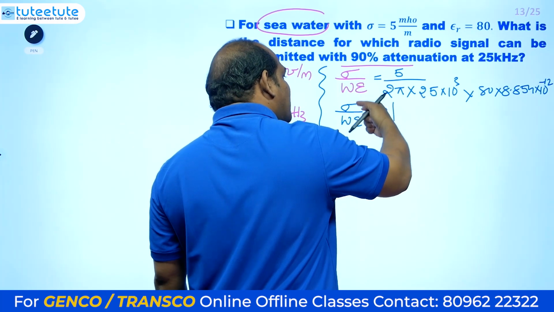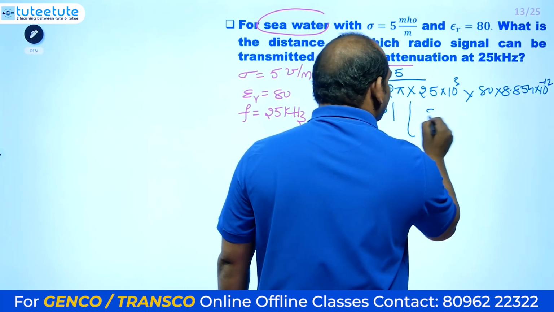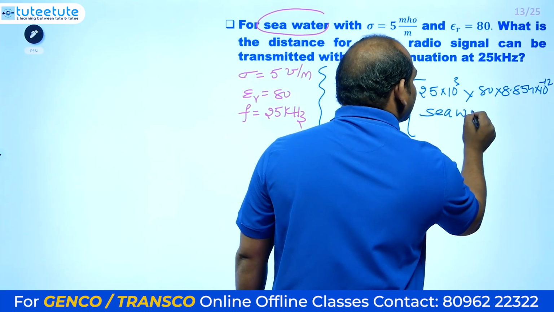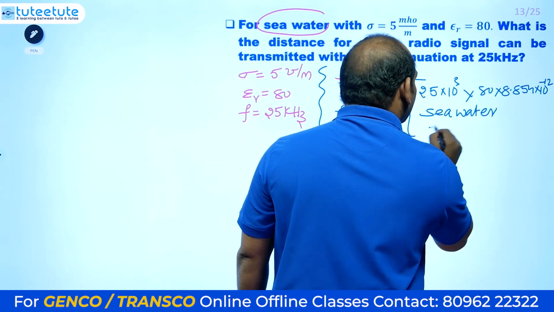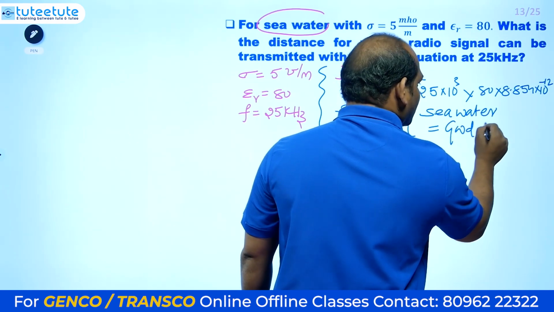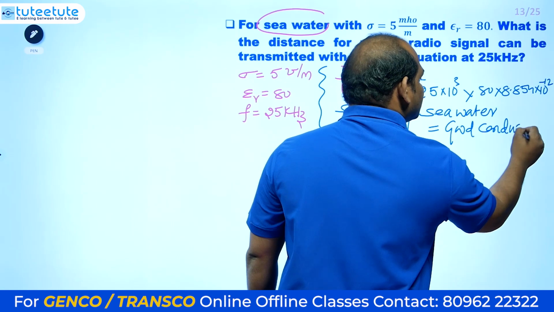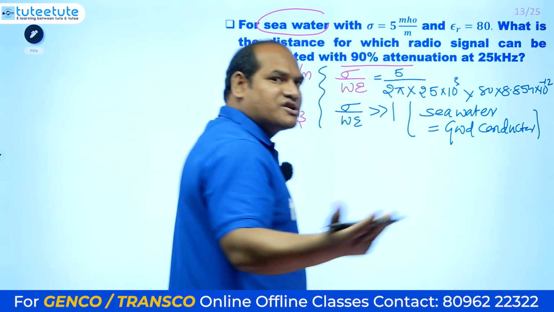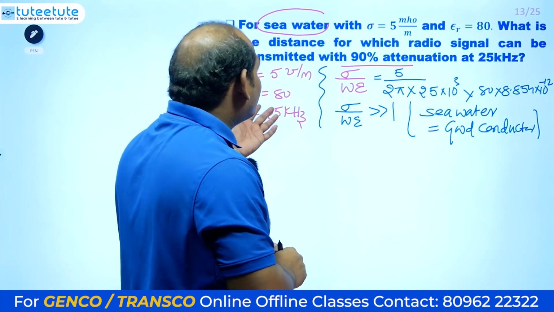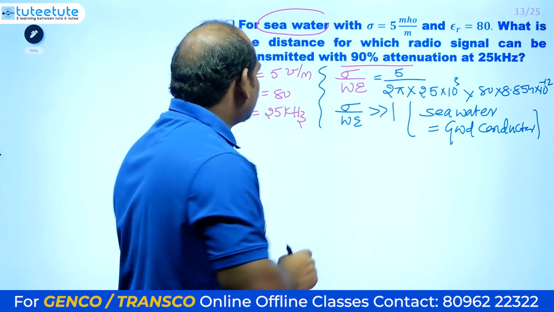When sigma by omega epsilon is greater than 1, the seawater can be considered a good conductor. When you know the seawater is a good conductor, you need to know the related equations. It is required to calculate the attenuation constant.